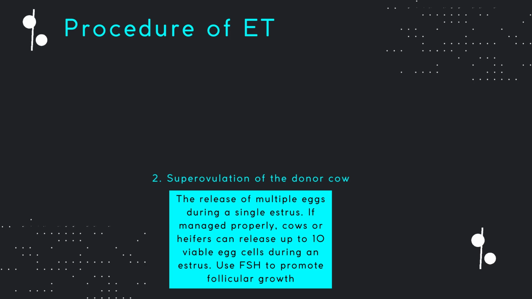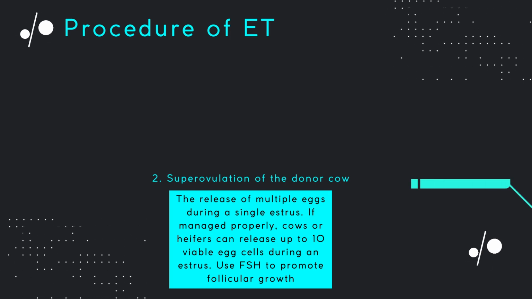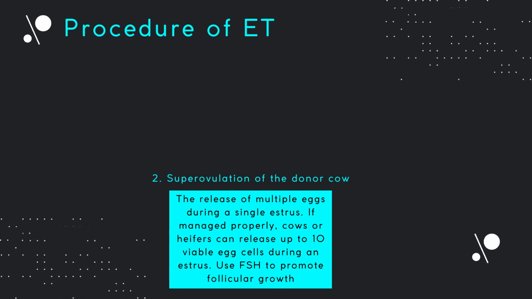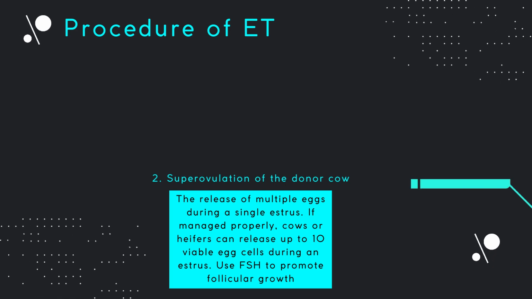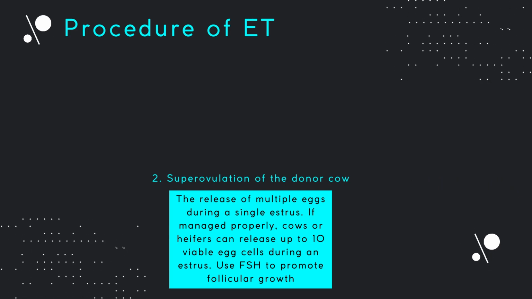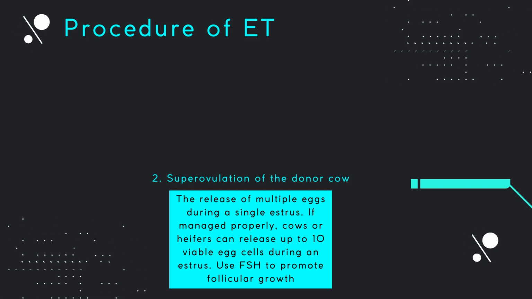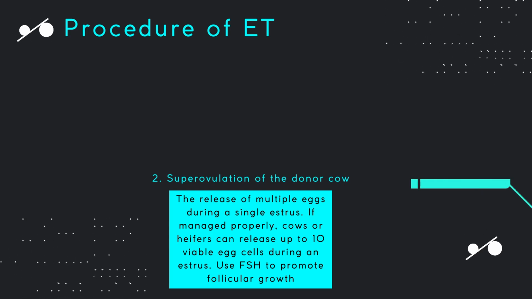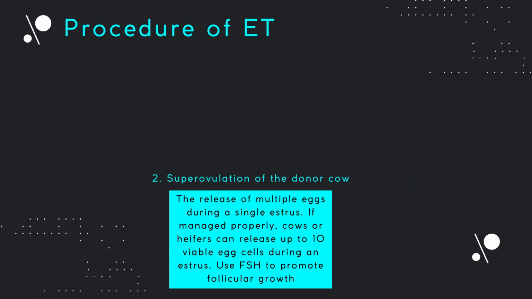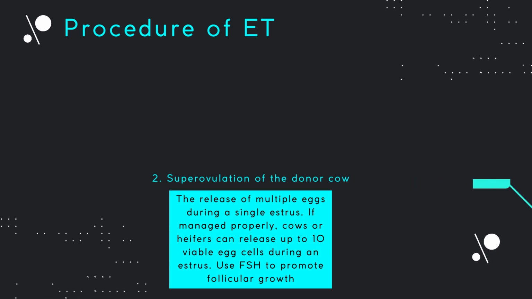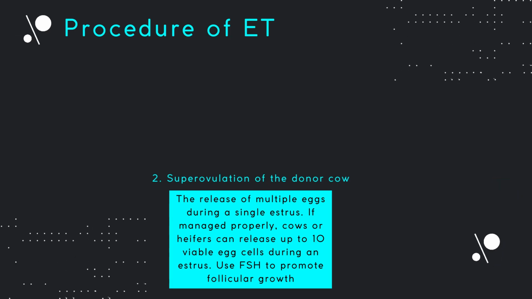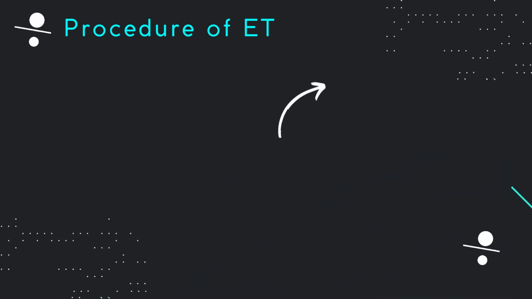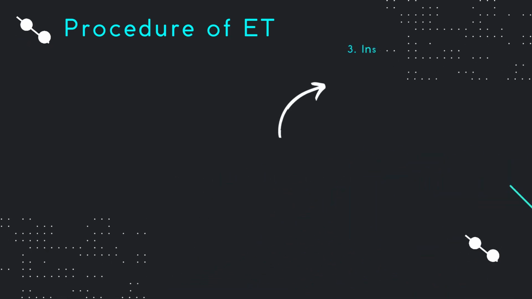The basic concept behind superovulation is to use a hormone preparation with follicle-stimulating hormone activity to encourage substantial follicular growth. On the third day of the treatment, a prostaglandin injection is administered. This will result in corpus luteum regression and a heat or estrus after 48 to 60 hours.